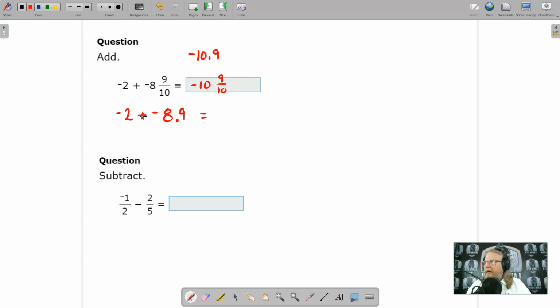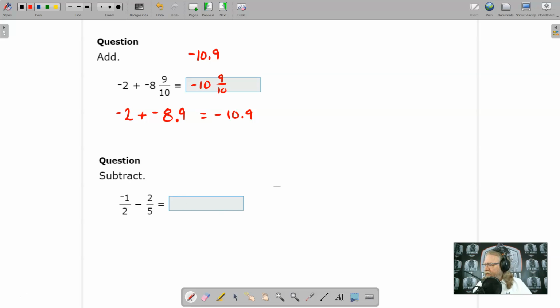So now I'm adding two negative numbers together, so the answer is going to be negative. They're both negative, so we add the numbers together. 8.9 plus 2 is going to be 10.9. A lot easier this way, correct? Whole lot easier than the mixed number and creating like fractions by creating common denominators, etc. Just convert it over to a decimal and deal with it that way.